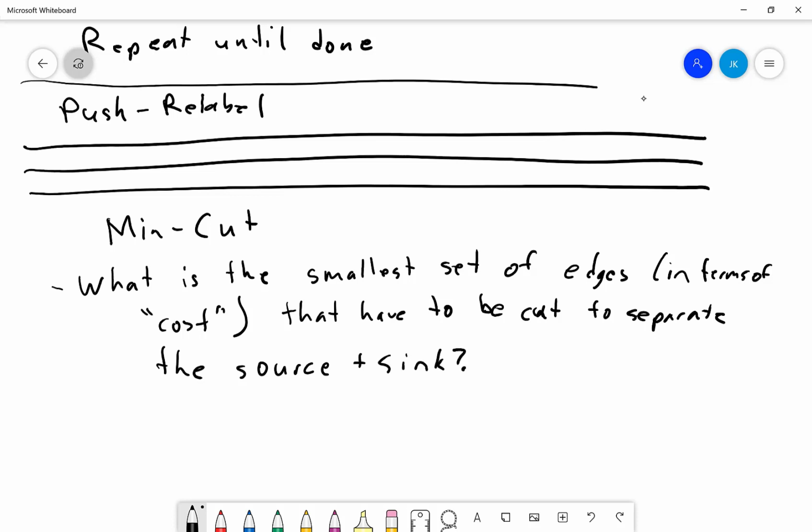Okay, so the min cut says what's the fewest number of edges, the total cost, that I have to cut to separate the source and the sink.